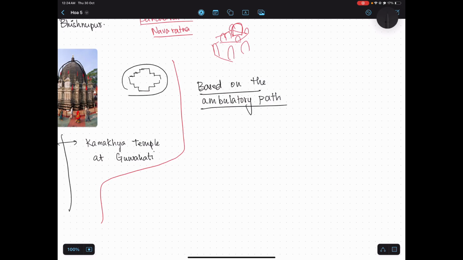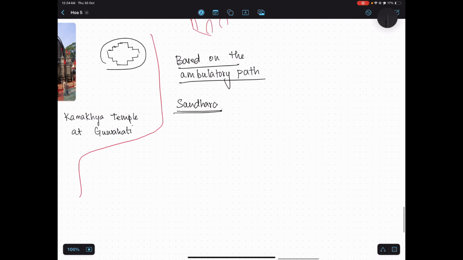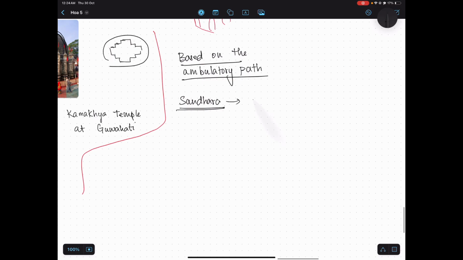If your temple has an ambulatory path, then that is called Sandhara planning.